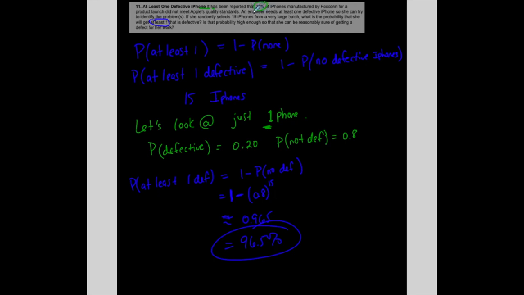That's pretty high. You go buy this phone, a 20% chance that the phone that you buy is defective. It makes sense that out of 15, at least one of them would be defective, and that probability is high. 96.5% chance. Always make sure that the situation makes sense, or at least the numerical value that you get makes sense for the situation. Does it make sense that this would be so high?